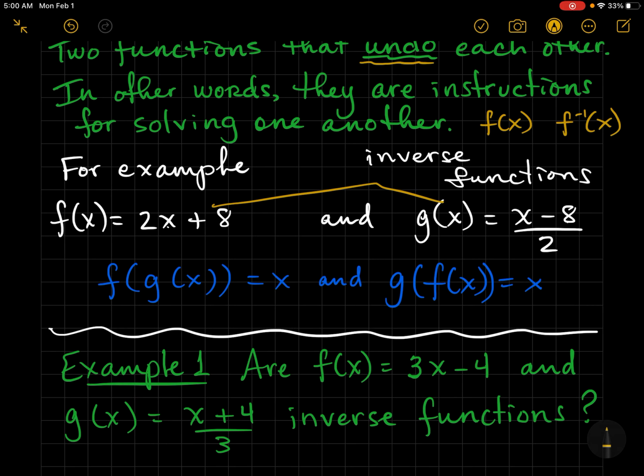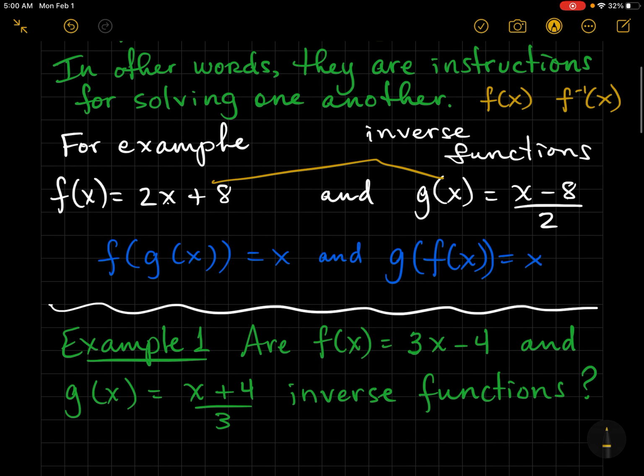It's subtracting 8 and then dividing by 2. So you'll see the reverse in the order of operations. Just as well, if you wanted to solve g of x and get x by itself, you would first multiply by 2 and then add 8. And if you look at f of x, that's exactly what it does. It multiplies by 2, then adds 8.